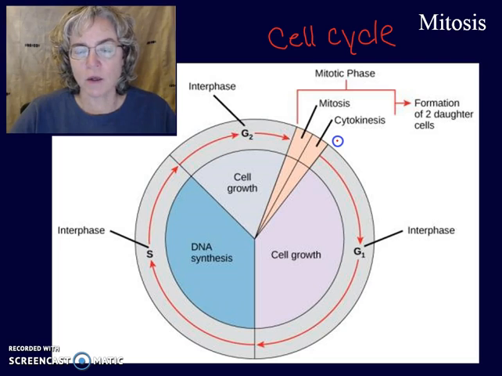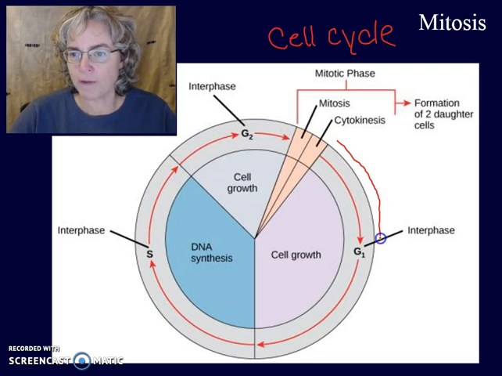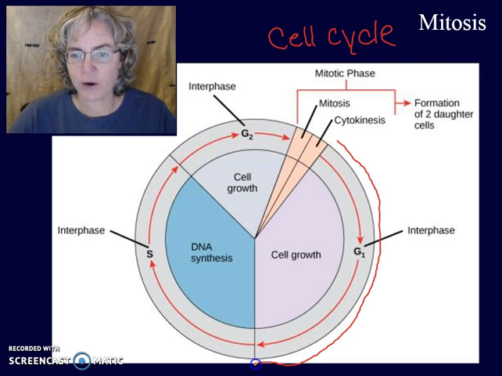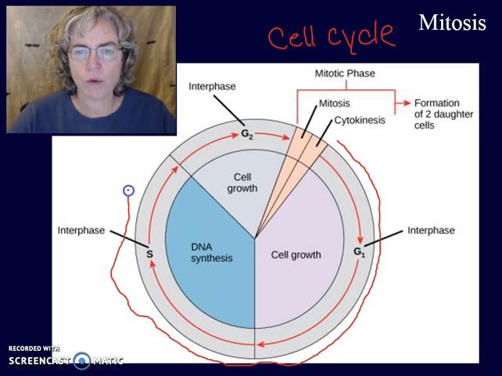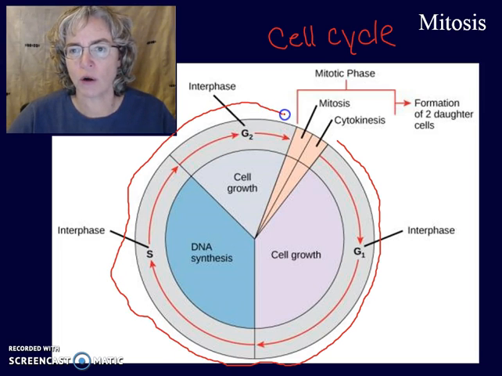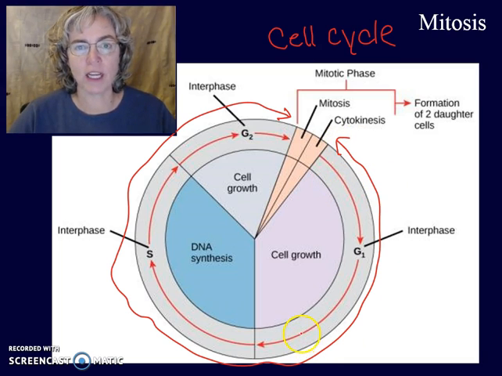Our cell goes through phases. One of them is called interphase, and this whole thing out here is called interphase, and a cell spends most of its life in the phase called interphase, and that interphase is made up of other phases.